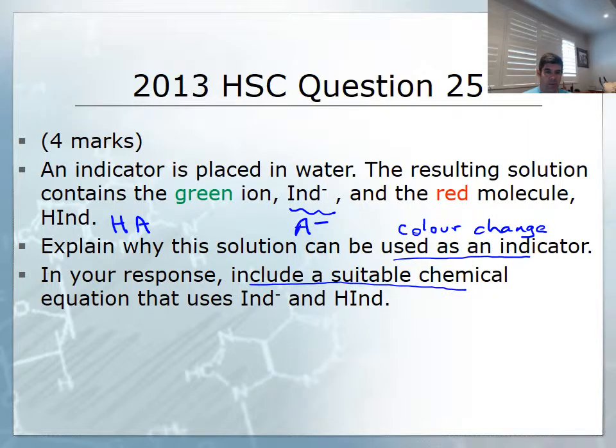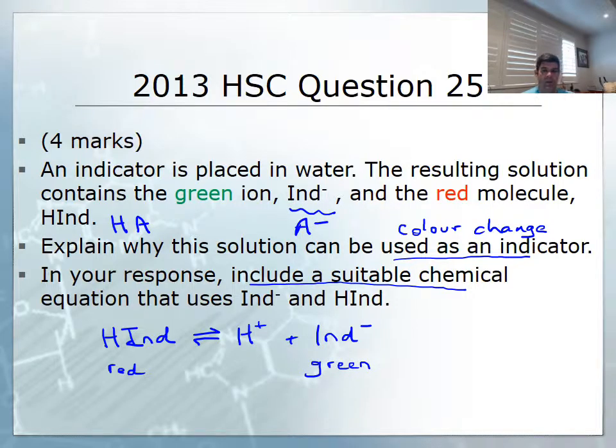So a suitable chemical equation would be HIND, which is the molecule, in an equilibrium with H plus ions and IND minus ions. HIND is red, and this anion over here is green.